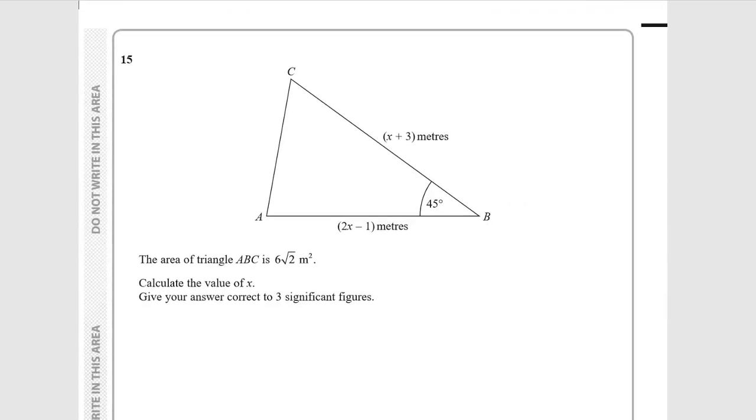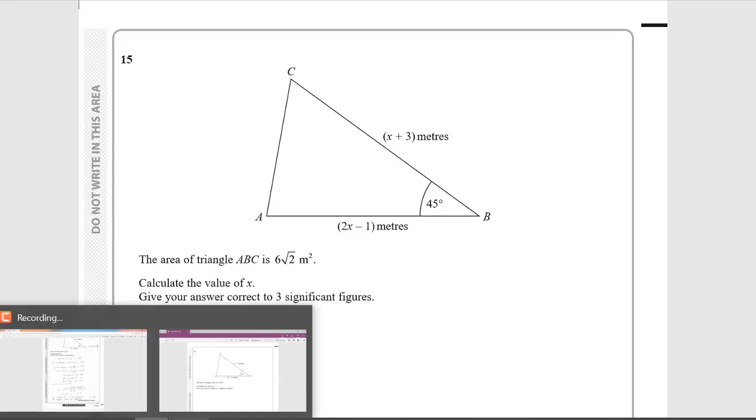Question 15. So essentially the area of the triangle ABC is 6 square root 2. Calculate x, giving your answer correct to 3 significant figures. So just because this is a little bit of working out, I'm going to write it on a different platform.